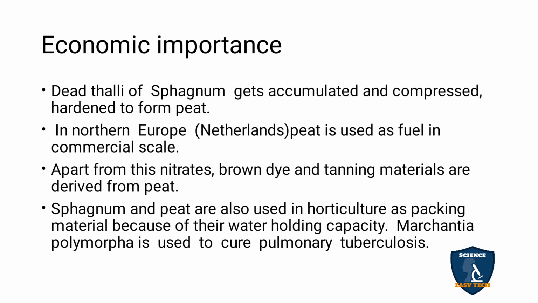The dead parts of Sphagnum become peat and are used as fuel, and from peat nitrates, brown dye and tanning materials are derived. In horticulture and nurseries they use it for its water holding capacity. And Marchantia polymorpha is used to cure pulmonary tuberculosis.